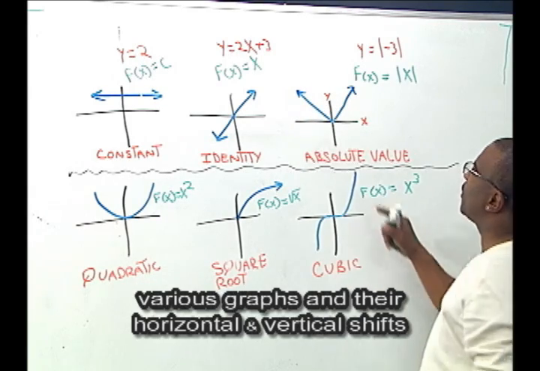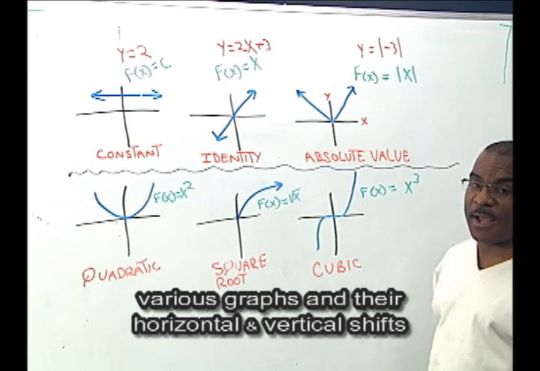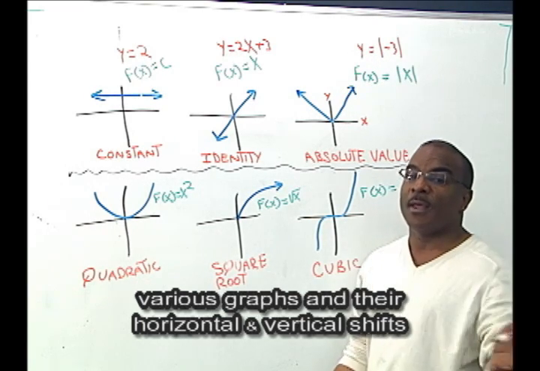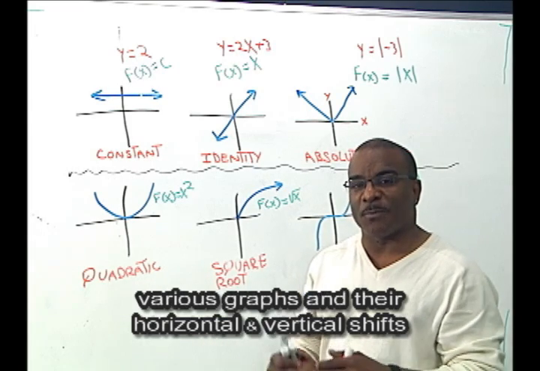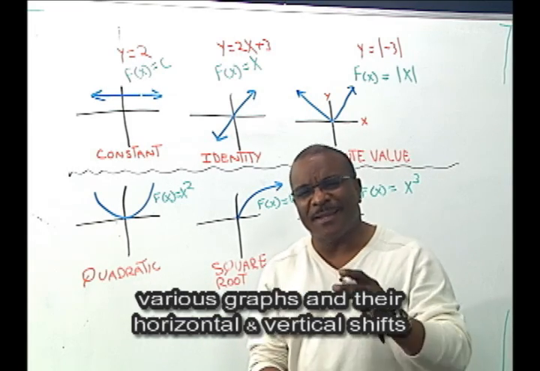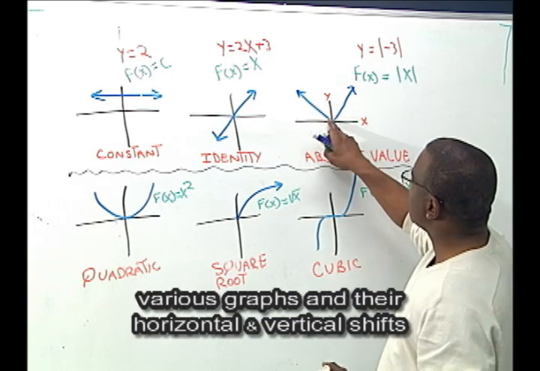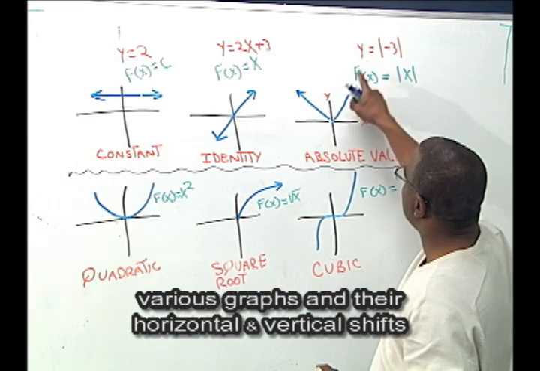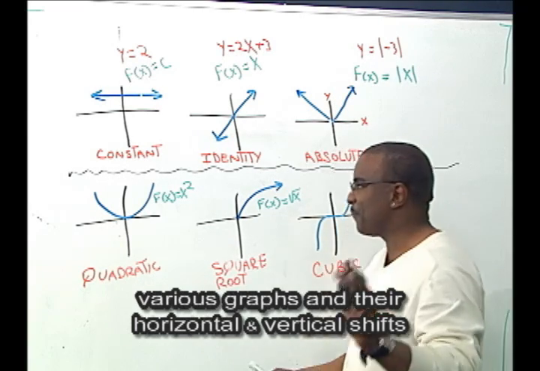But this never goes below the x-axis because, look, isn't y equal to the absolute value of negative 3? If you recall, absolute value gets rid of negatives. It's only concerned about the magnitude of a function, not its direction. You'll learn that later. But it doesn't go below the x-axis because the absolute value of any negative is always going to be positive.